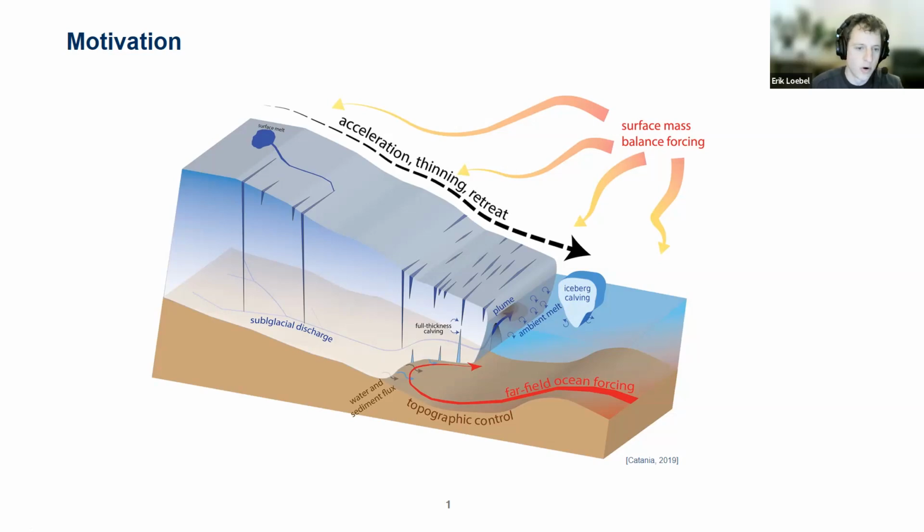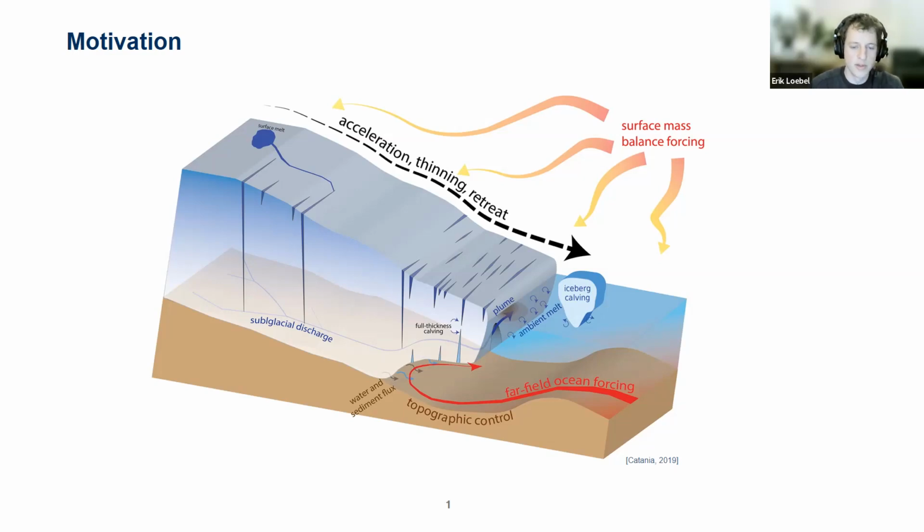And furthermore, if we want to get the sea level contribution of an ice sheet or a glacier, we basically rely on computer models that try to simulate this behavior. Without a reliable parameterization of calving, these models are very poorly constrained.